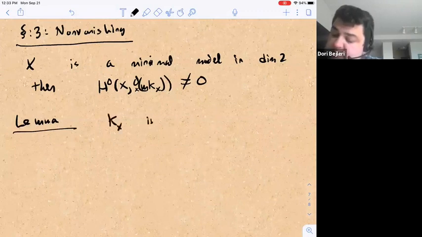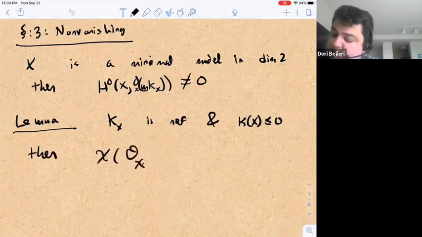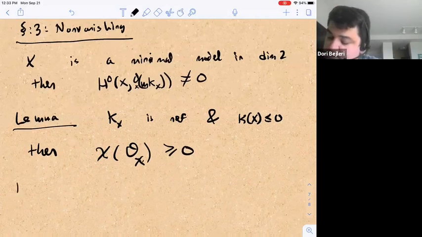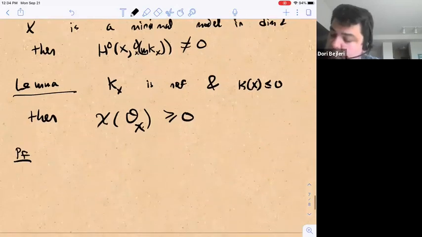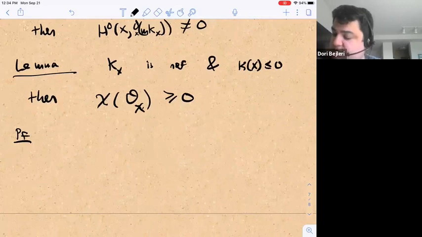Okay, so let's start with a lemma. Suppose K_X is nef, and the Kodaira dimension is less than or equal to 0. Then the Euler characteristic of O is non-negative. This will come in handy when we apply Riemann-Roch many times. Okay, so under these assumptions, K_X is nef but not big.